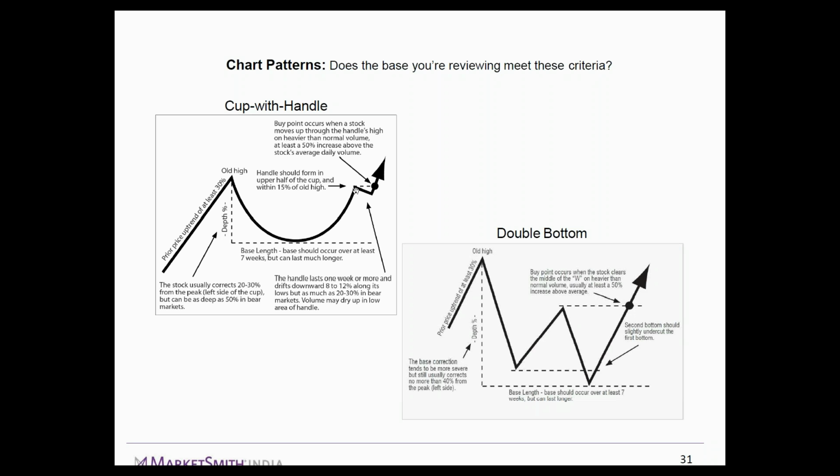After this, the handle should form in the upper half of the cup, and it should be within 15% of the old high. So the old high was here. When it's forming a handle, it should be within 15% of this. If you see this, it's roughly 15% of the old high.